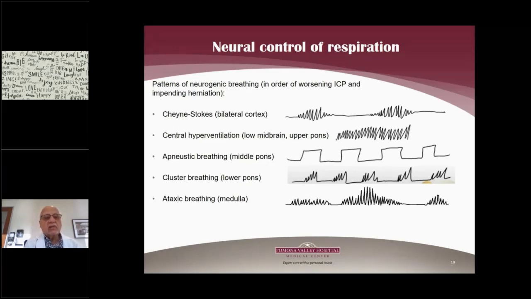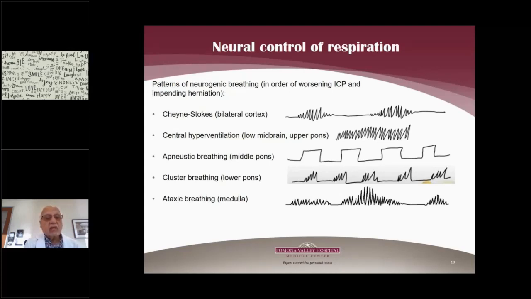The next one is central hyperventilation, seen with low midbrain or upper pons injury. Apneustic breathing is usually seen with injury of the middle pons, where you see a sudden inspiration followed by apneic episodes.